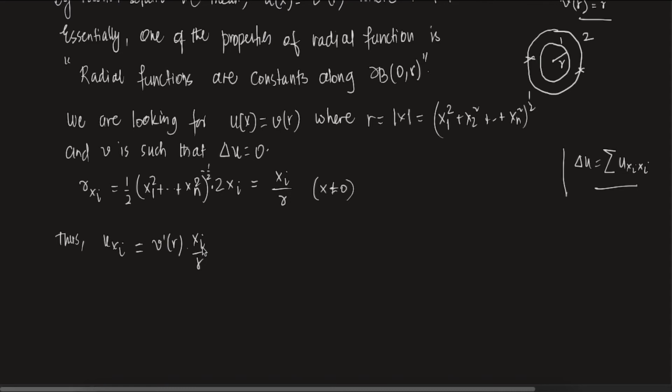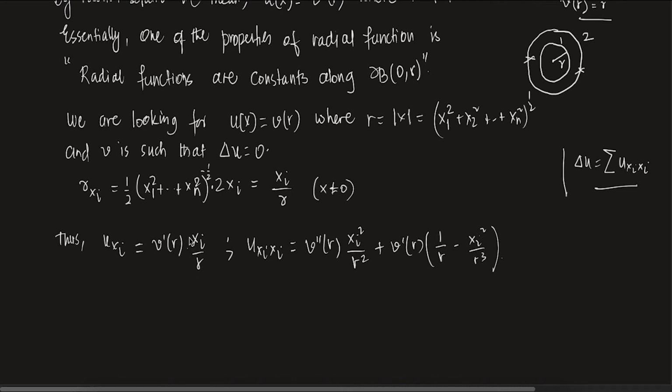Now u xi xi is equal to v double prime of r, xi square by r square, plus v prime of r times (1 by r minus xi square by r cube). So how am I getting it? It's very easy.